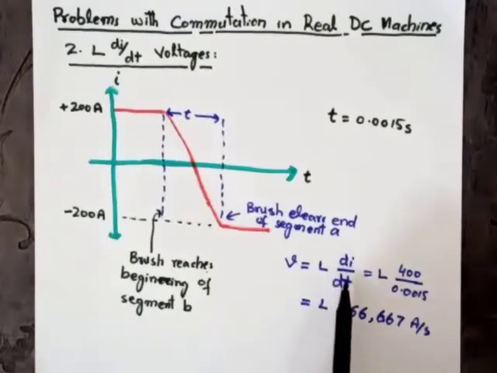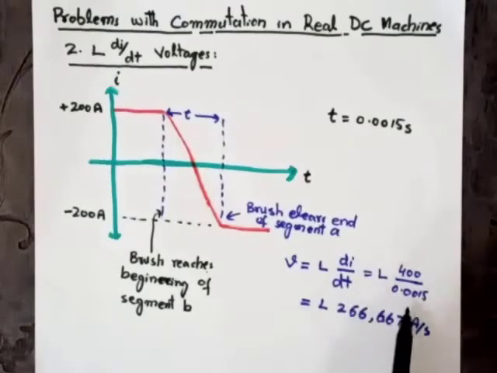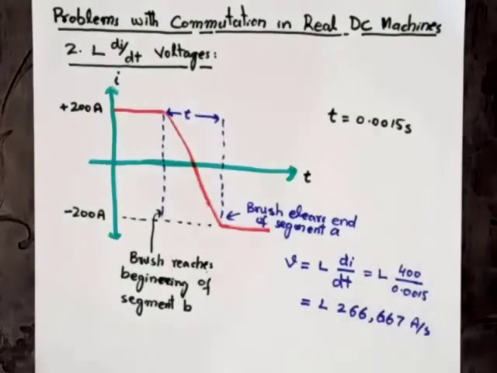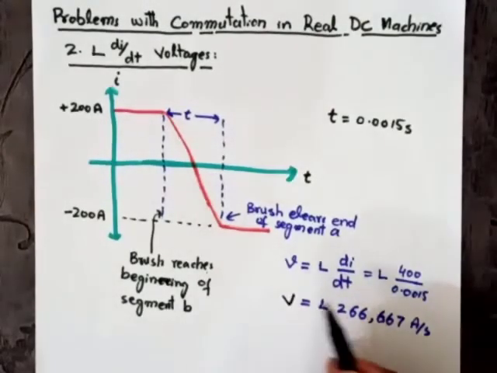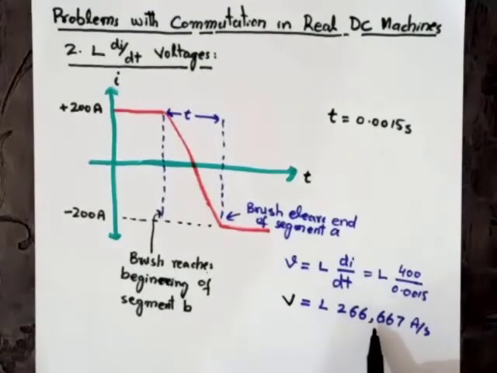Here the value of di is 400 ampere and the value of dt is 0.0015. Dividing 400 by 0.0015, the answer is V is equal to L into 266,667 amperes per second.